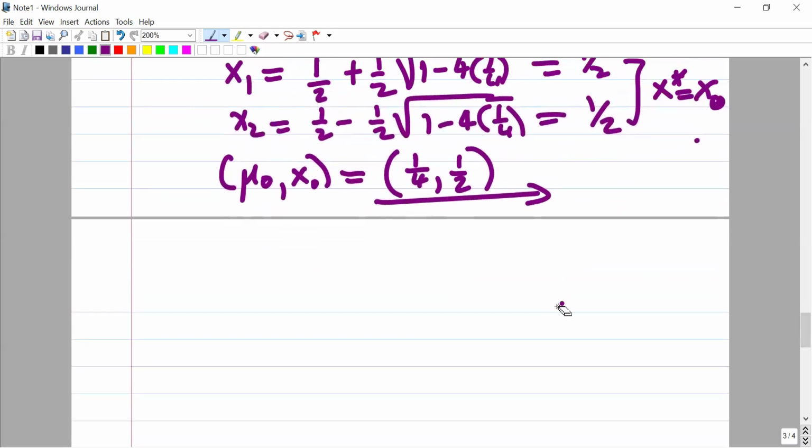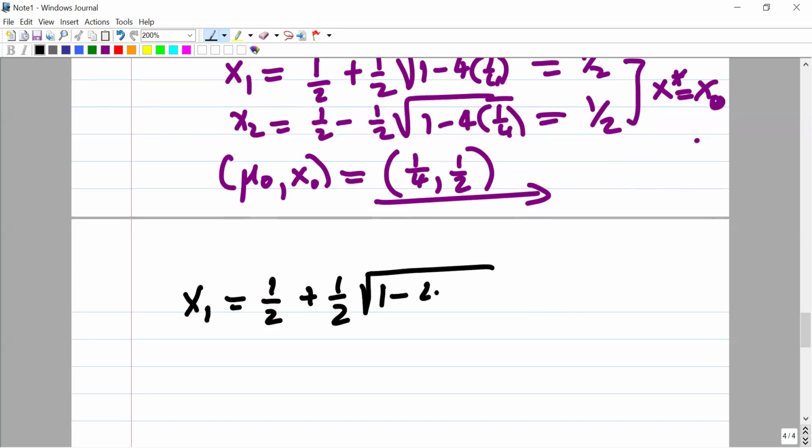Now, what it means is we now have equilibrium points as functions of mu. So you can see x1 is equal to, as a function of mu, sorry, or mu.